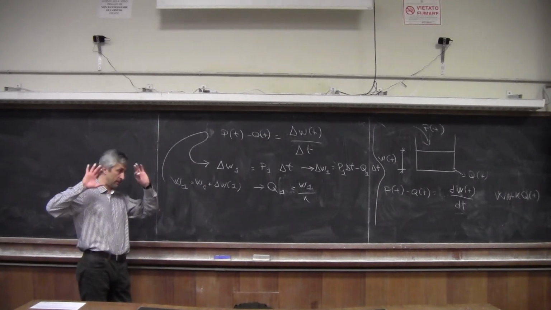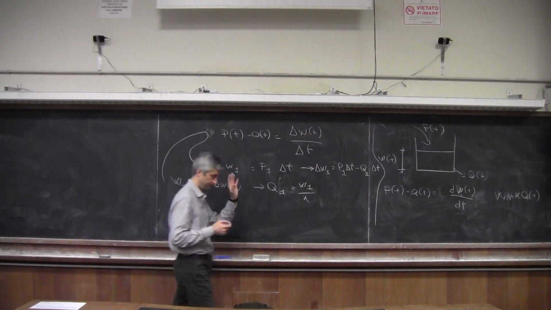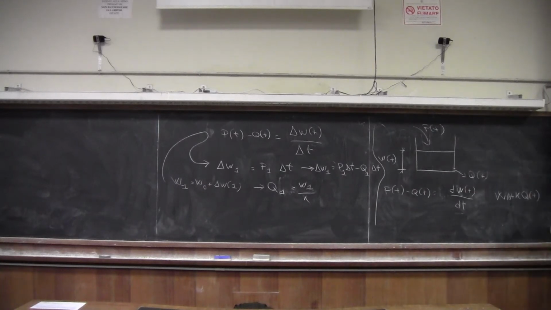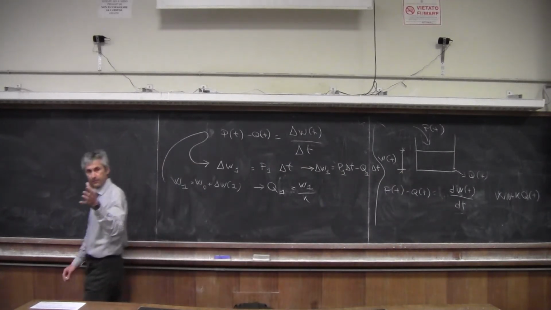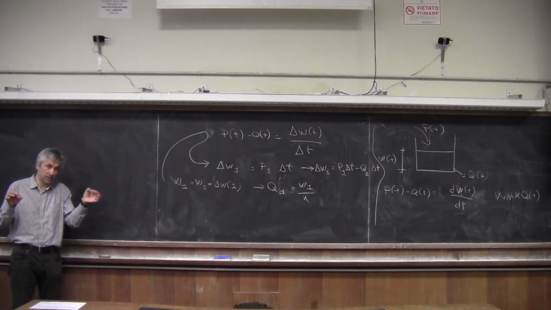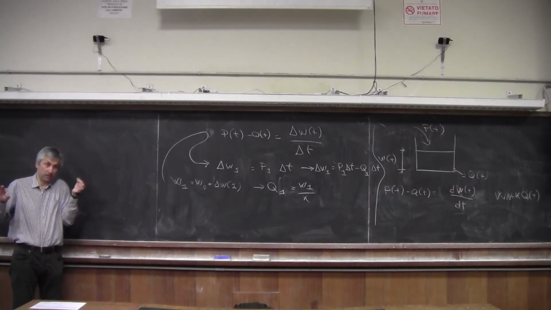Okay, now let me summarize this reasoning by saying that I introduced two methods of numerical integration. One is simple, and the other one is more complicated because it needs an iteration. So the first method that I used is a method that assumes that each variable in each time step takes a constant value, which is equal to the value that is assumed at the beginning of the interval.